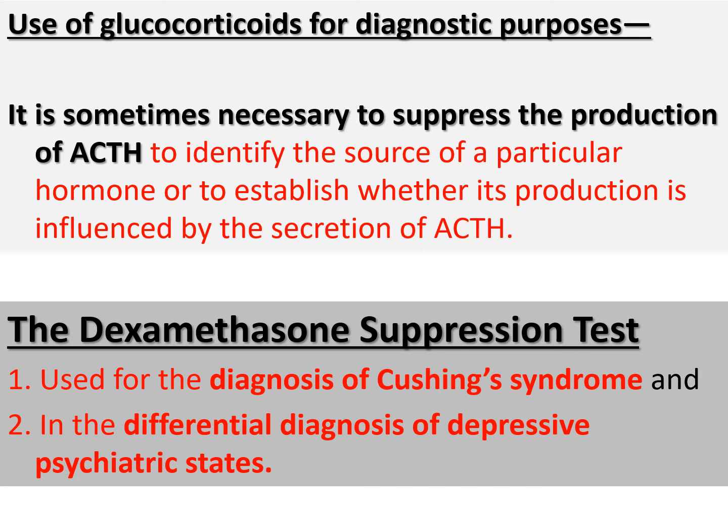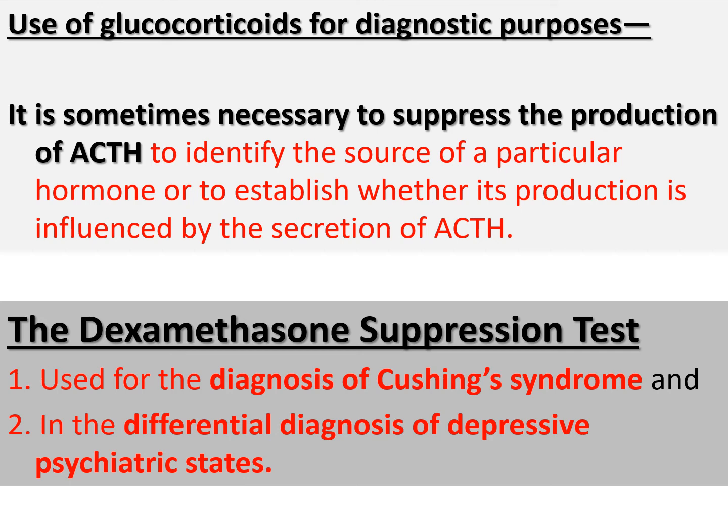Another very important use of glucocorticoid is for diagnostic purposes to distinguish the kinds of diseases. It is sometimes necessary to suppress the production of ACTH to identify the source of a particular hormone or to establish whether its production is influenced by the secretion of ACTH or not.